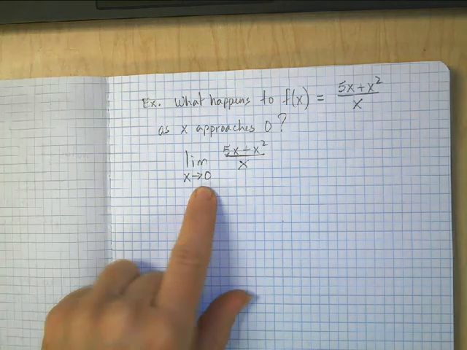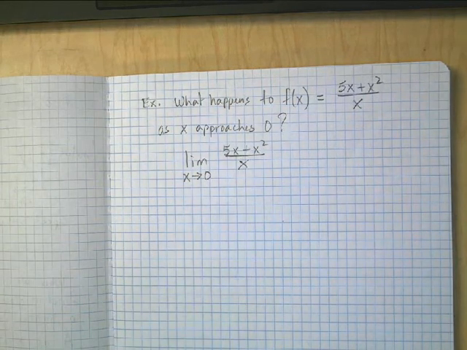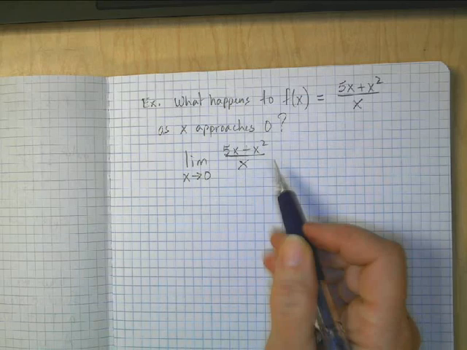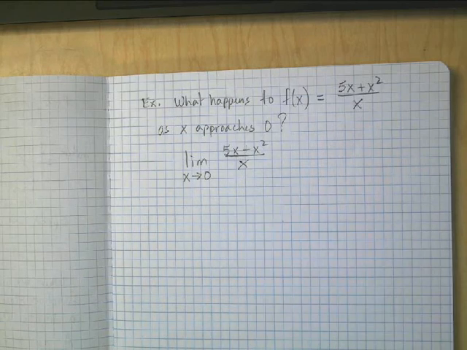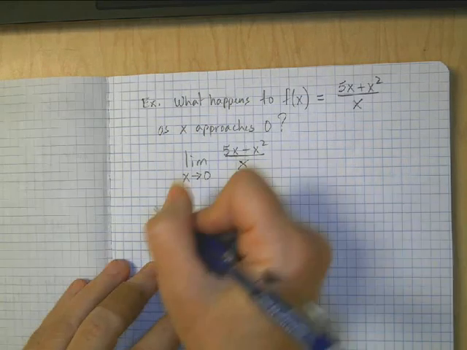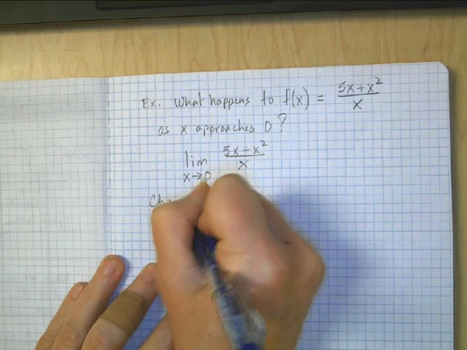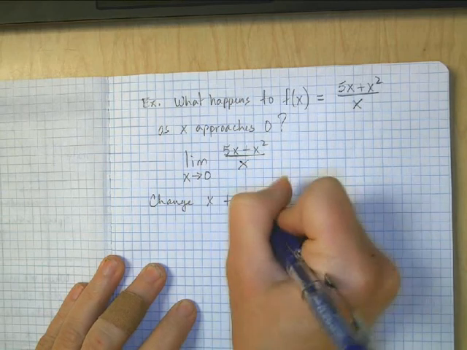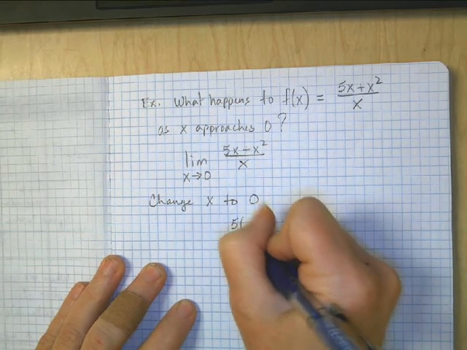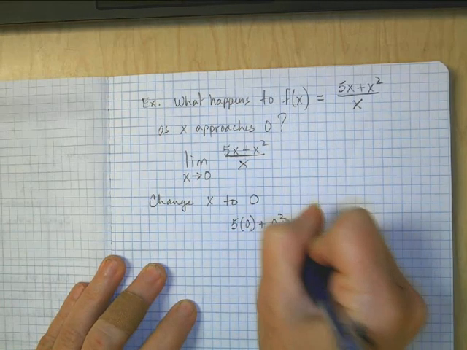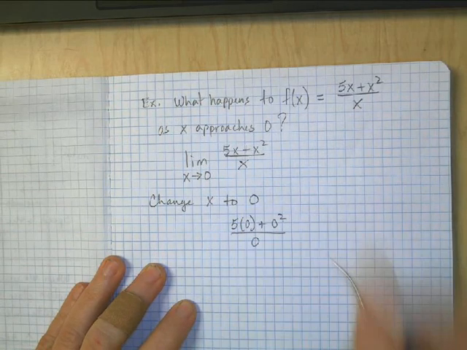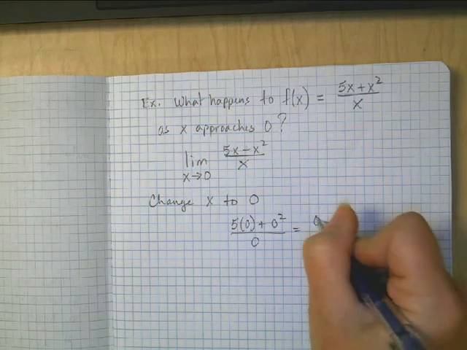So let's first of all just go ahead and plug in 0. If I can plug in 0 and get a value, then I'm good. So let's see what happens. I'm going to change x to 0. So I'm going to have 5 times 0 plus 0 squared over 0, and I get 0 divided by 0.